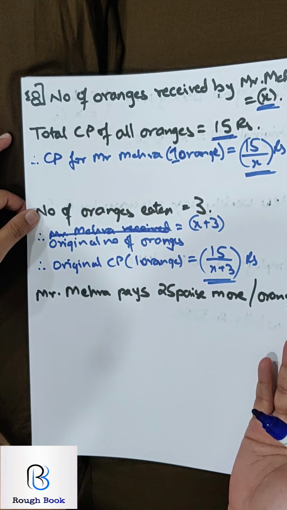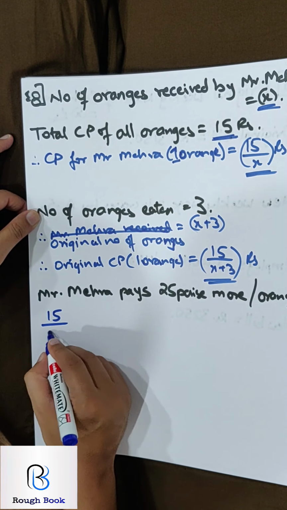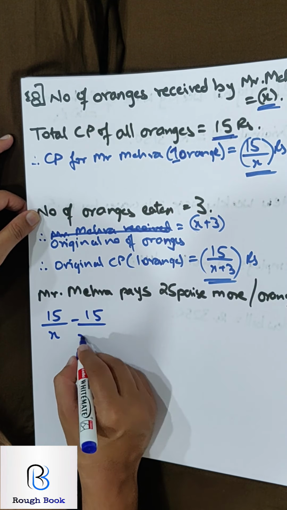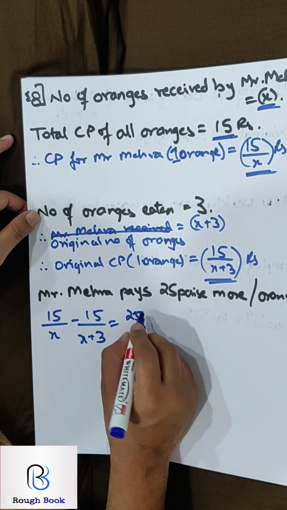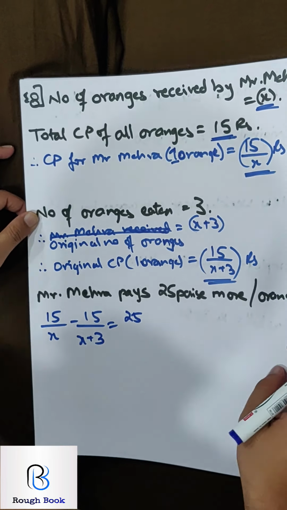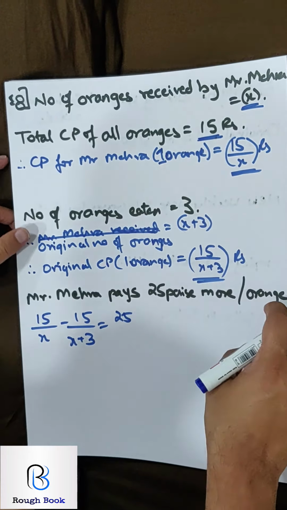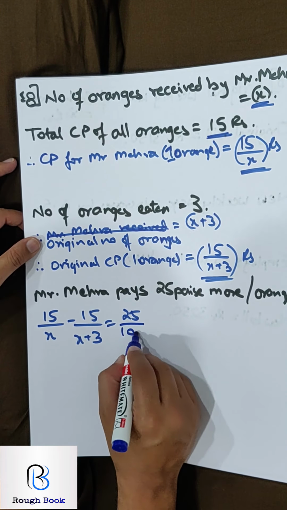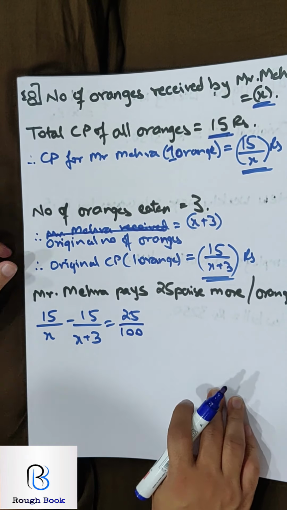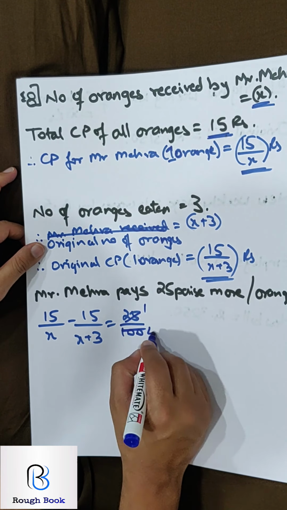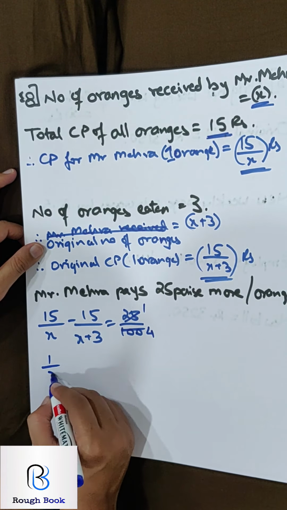So if this is more, what will you do? 15 upon x minus 15 upon x plus 3, 25 paise. What is wrong in this? Who can tell me? Yeah, you are absolutely right. This is paise, so divide by 100 to make it rupees. So 25 over 100 is 1 by 4, equals 15.